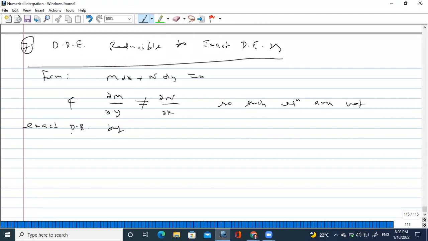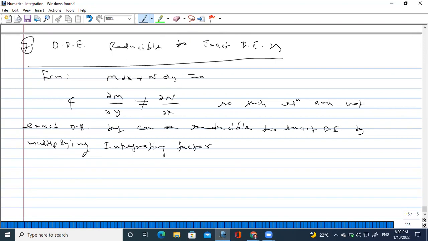So such equations are not exact differential equations, but can be reducible to exact differential equation by multiplying a suitable integrating factor.